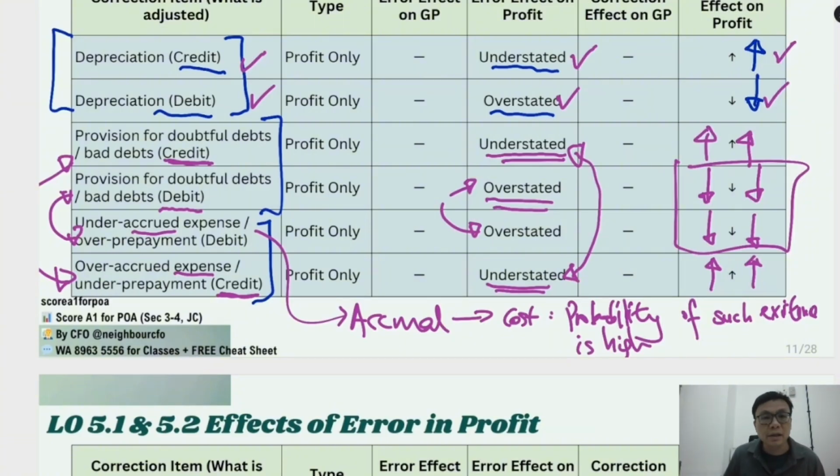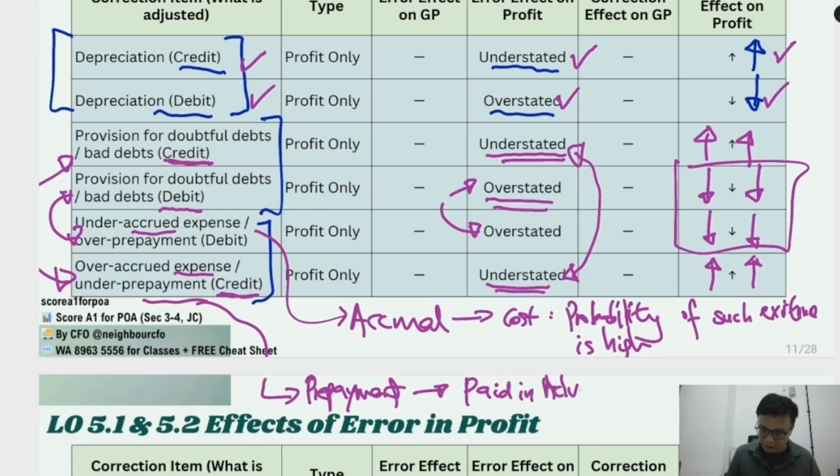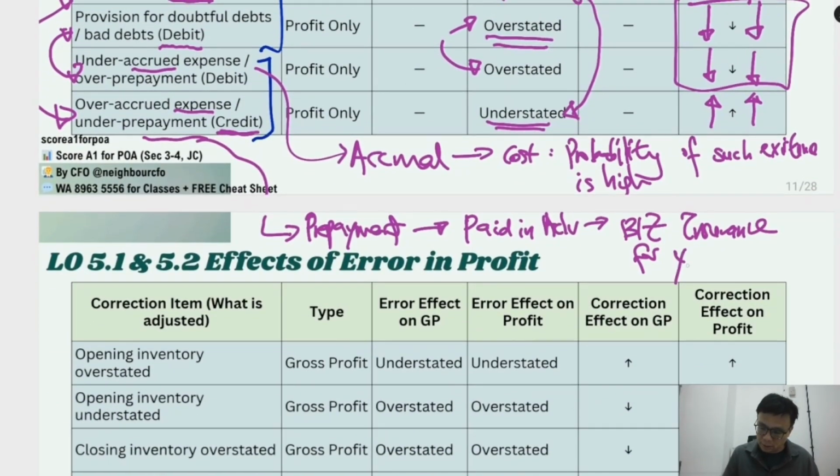We talked about accrued expenses. Now we talk about prepayment. Prepayment is when you pay in advance. For example, your business insurance for the year 2026.